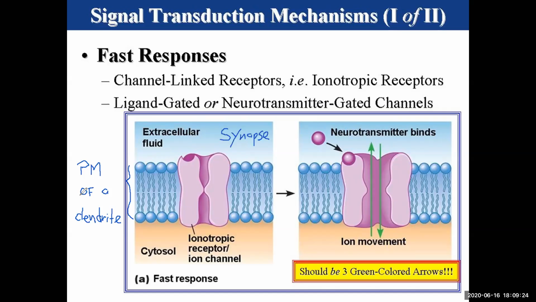I repeat, plasma membrane of a dendrite of the postsynaptic neuron, or plasma membrane of the cell body belonging to the postsynaptic neuron, excluding the axon hillock.